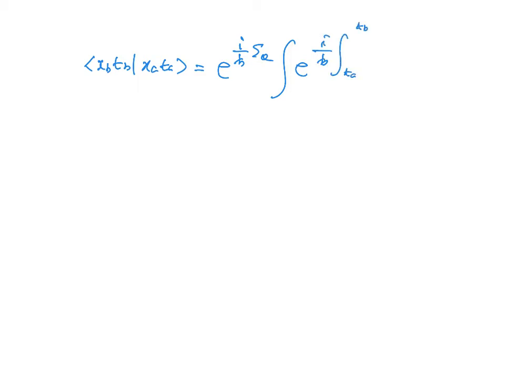Now, the amplitude, xb tb, xa ta, becomes the following: exponential i over h bar times the semi-classical action, times exponential i over h bar integral from ta to tb of m delta x dot square minus m omega square delta x square dt, and this path integral.